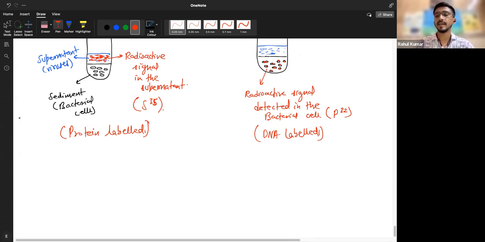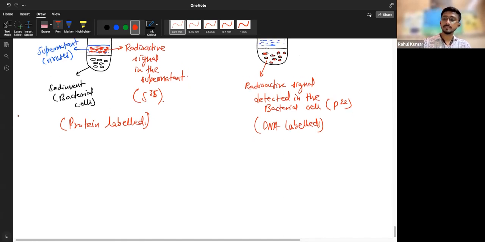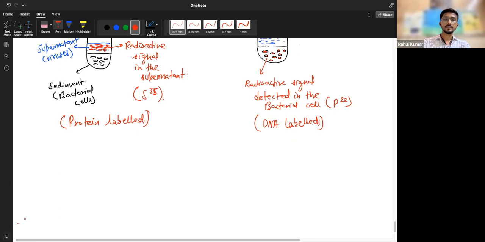If something has to act as a genetic material in our cells, what should be the property of it? What will the ideal genetic material be like chemically? Any idea?